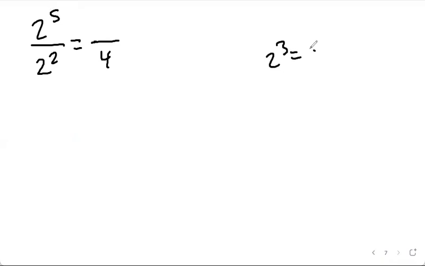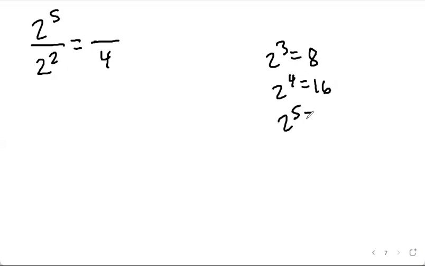Here's the second explanation. Let's say I have 2 to the 5th power divided by 2 squared. What does that equal? Well, I don't know. I have to know what 2 to the 5th power is, and what is that? So I know 2 squared is 4, so I'll just write that first. Okay, and then 2 cubed, I guess that's 4 times 2, so 8. 2 to the 4th, that would be 8 times 2, so 16.